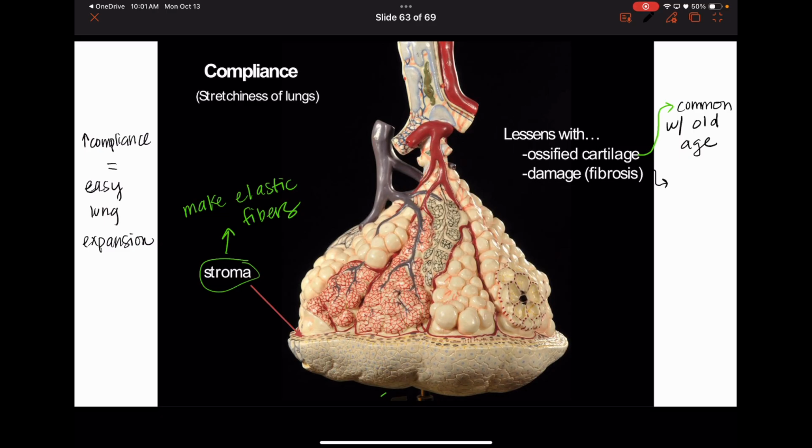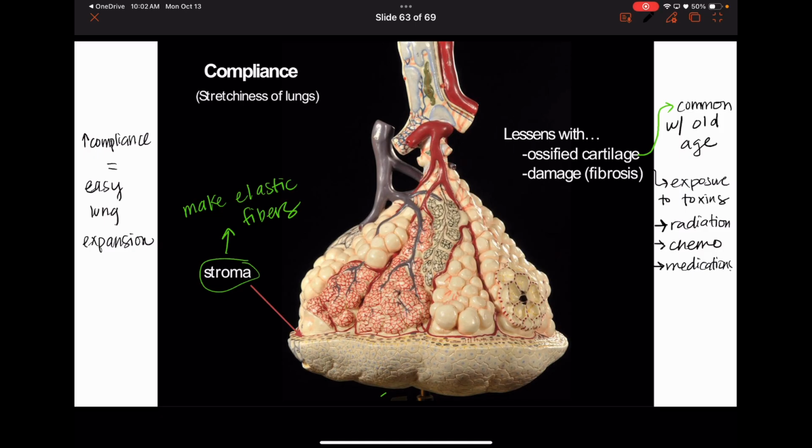And this can be through exposure to toxins. We live in a wonderful area for that. Radiation can cause fibrosis or chemotherapy. Certain medications can cause fibrosis of the lungs.